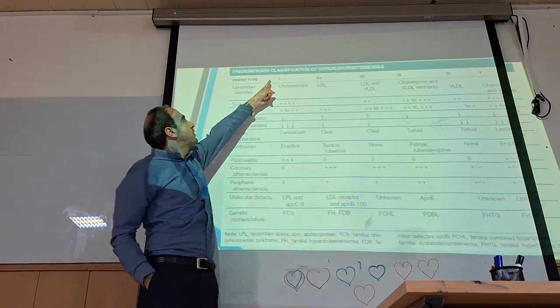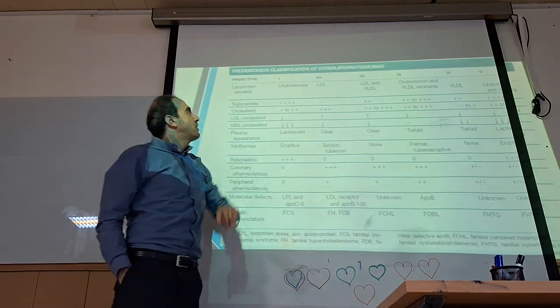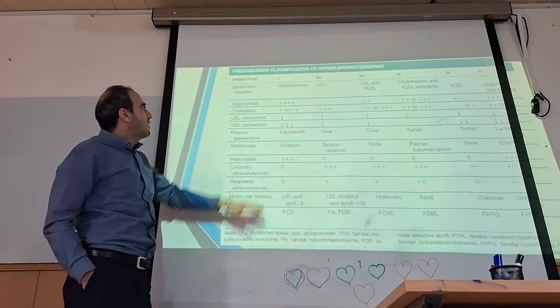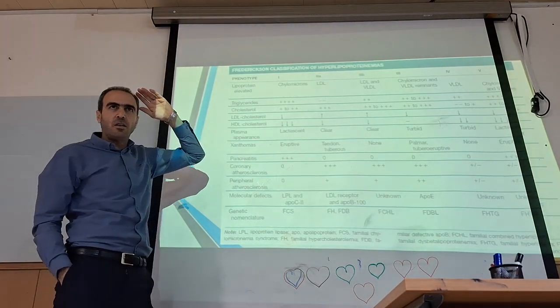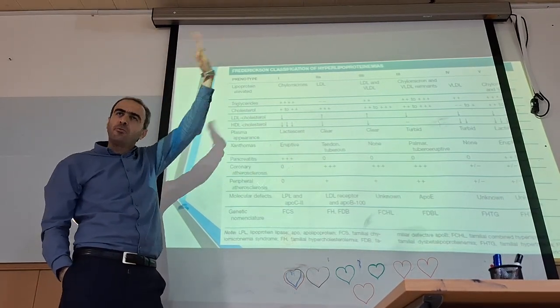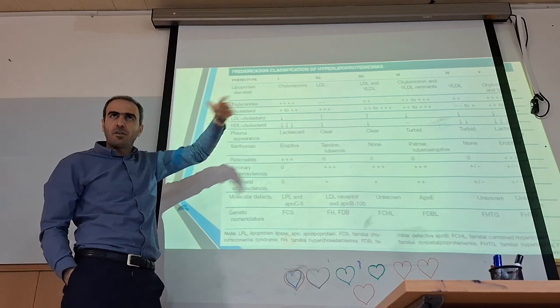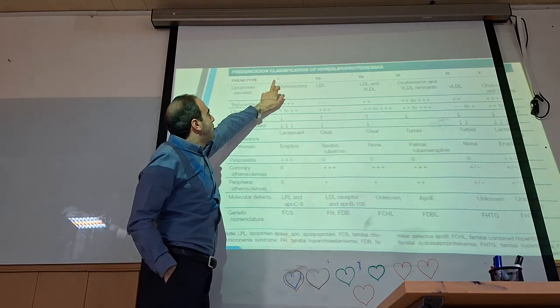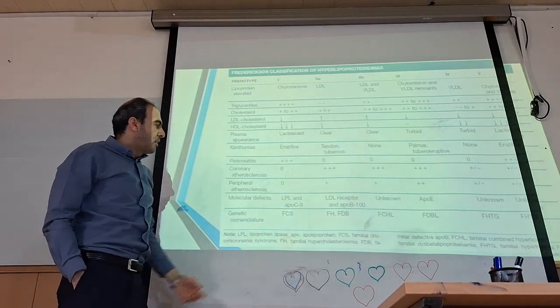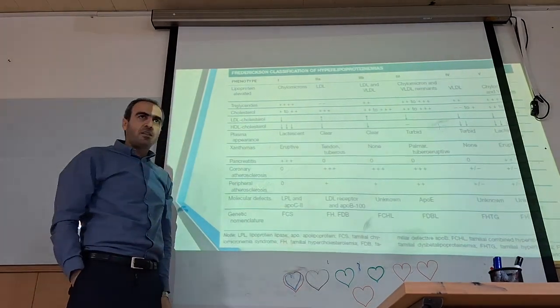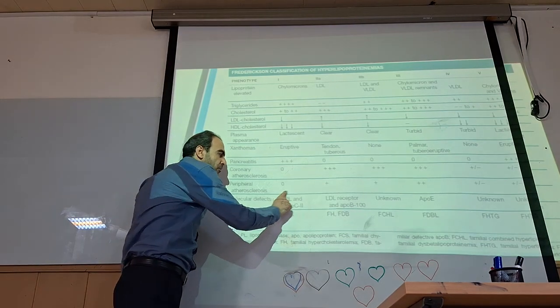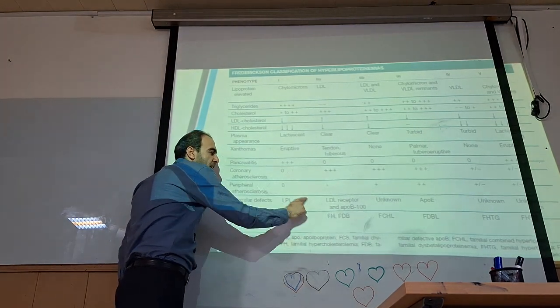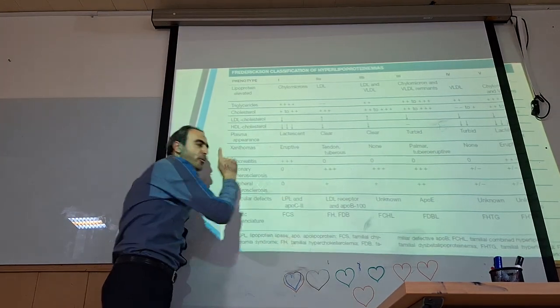So in type 1 lipoprotein, chylomicron is increased. The others don't matter. You can study, and you have to study in the next semester. But for this time, just know that in type 1 chylomicron is increased, it is known as FCS, and we have a deficiency or defects in LPL or ApoC2.